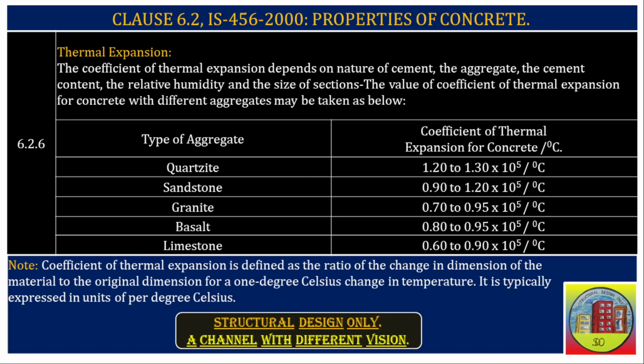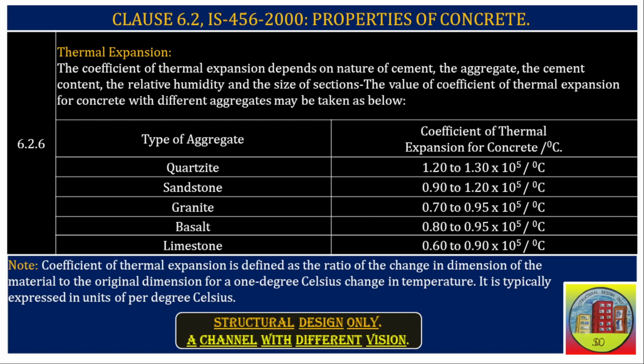Granite, 0.7 to 0.95 into 10 to the power minus 5 per degree centigrade. 4. Basalt, 0.8 to 0.95 into 10 to the power minus 5 per degree centigrade. 5. Limestone, 0.6 to 0.9 into 10 to the power minus 5 per degree centigrade.